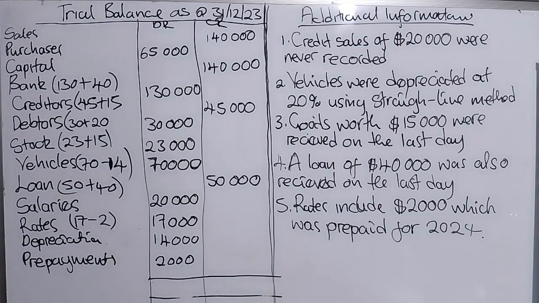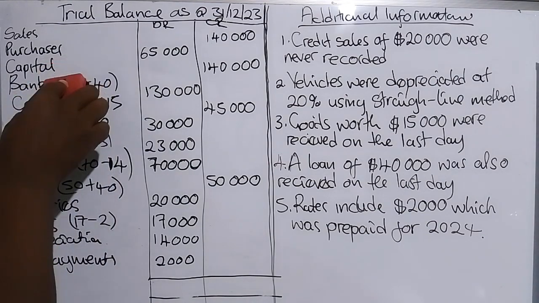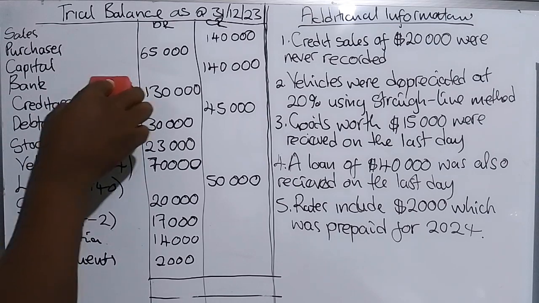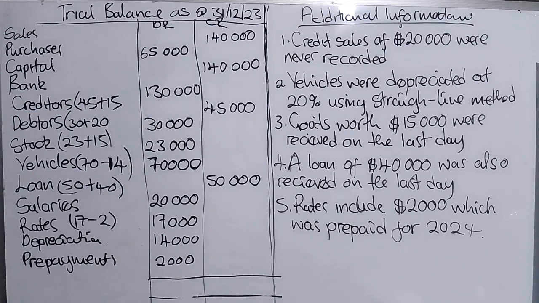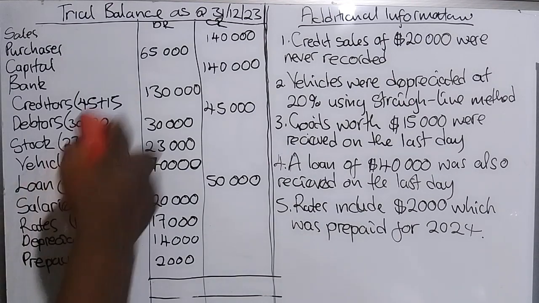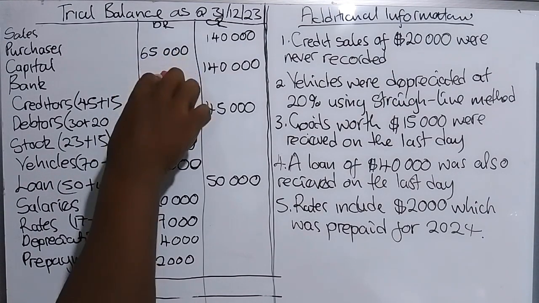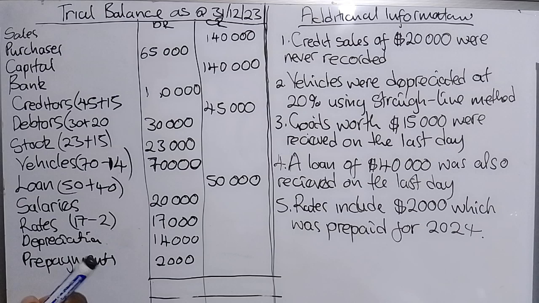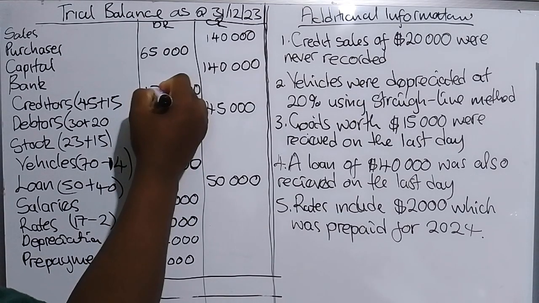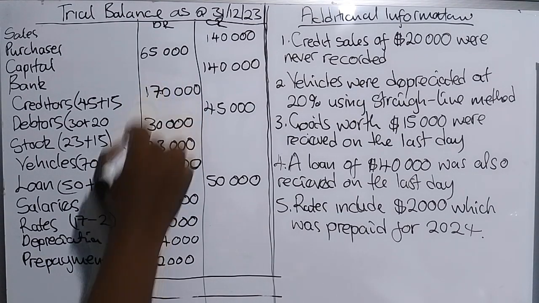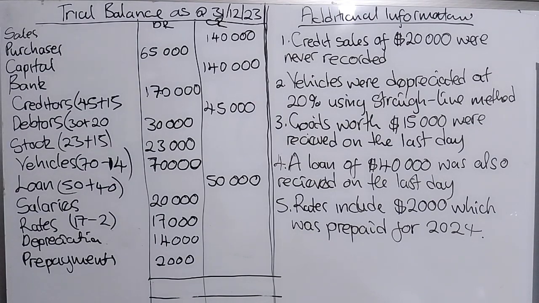Then we move on. Capital, there was no impact on capital. Then we move to the bank account. The bank account had 130,000 and 40,000 was added, and this gives us 170,000 for the bank.